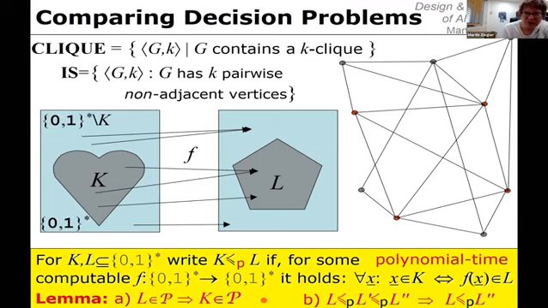In particular, the output length is at most polynomially longer than the input length. It can be longer, so the translation is allowed to extend the length, but since it's polynomial time, it can extend the length at most polynomially.